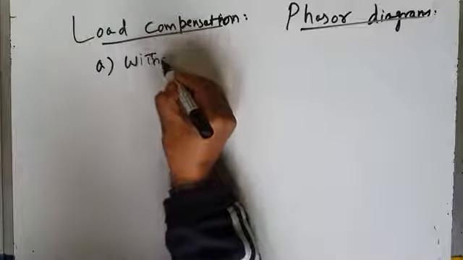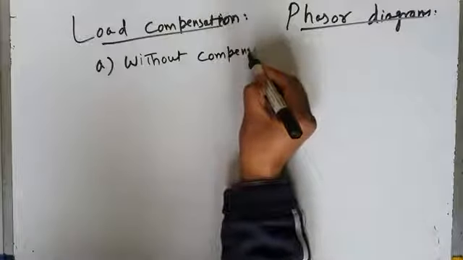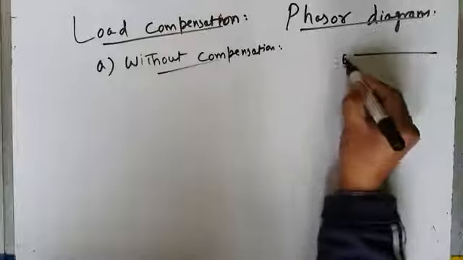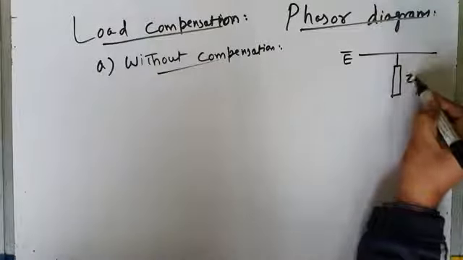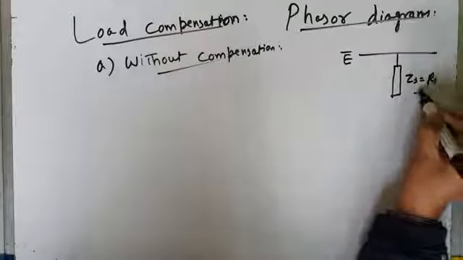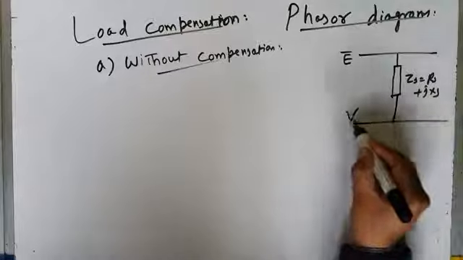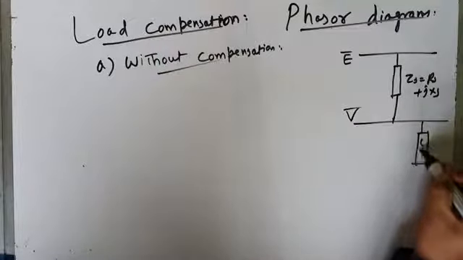First of all, we will go for the phasor diagrams without compensation, no compensation. That means this is your system. This is the supply bus voltage E. This is the feeder impedance or source impedance Z equal to RS plus JXS. This is the load bus with load bus voltage V, and this is the load.